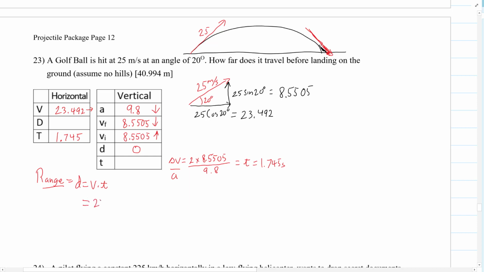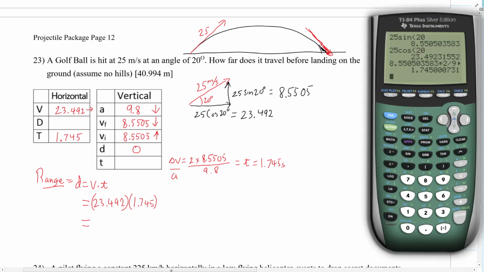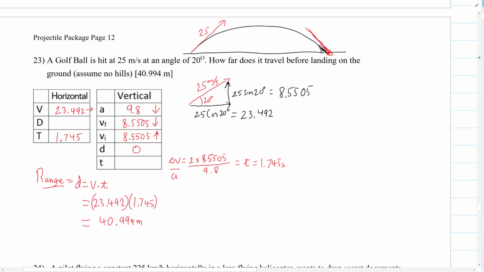So that is 23.492 multiplied by 1.745, and we get the range: 40.994 meters. Thank you very much. Any questions?